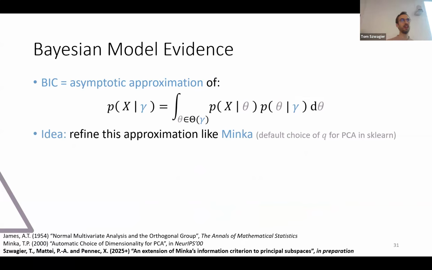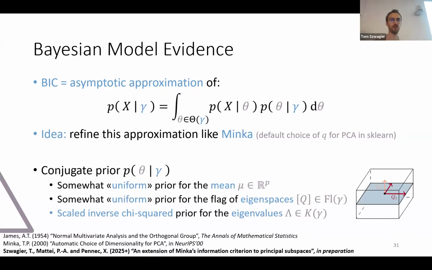And the idea is that we would like to refine this approximation in a similar fashion to the work of Thomas Minka, a seminal work called Automatic Choice of Dimensionality for PCA, which is now the default choice for the dimension in scikit-learn, a very classical library for data science. So it's an important paper, and we draw from it to refine our approximation.